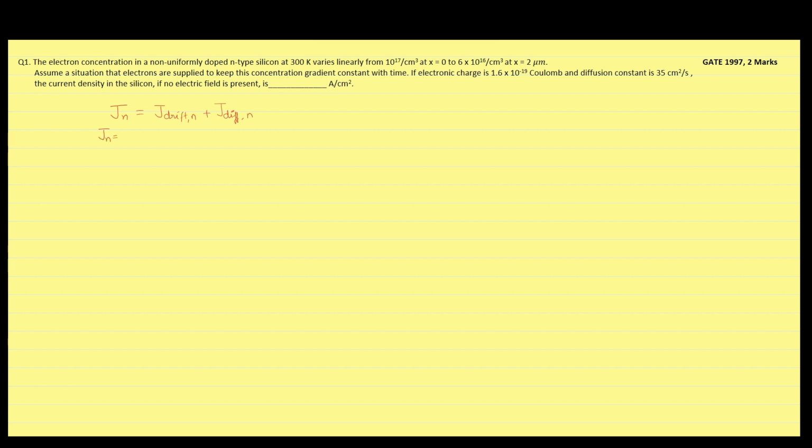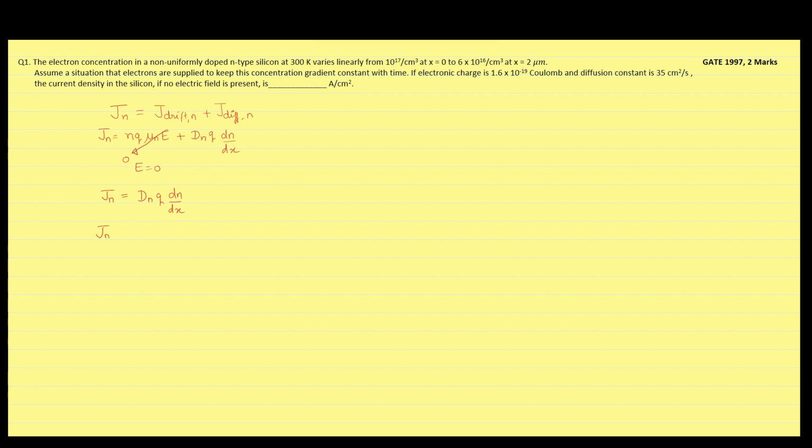And we know drift current density is equal to n into q multiplied by mobility multiplied by electric field, and diffusion current density is equal to diffusion constant of free electrons multiplied by charge multiplied by concentration gradient of free electron. We know that electric field is equal to 0, therefore drift current will be 0. Net current due to free electrons will be equal to diffusion current.